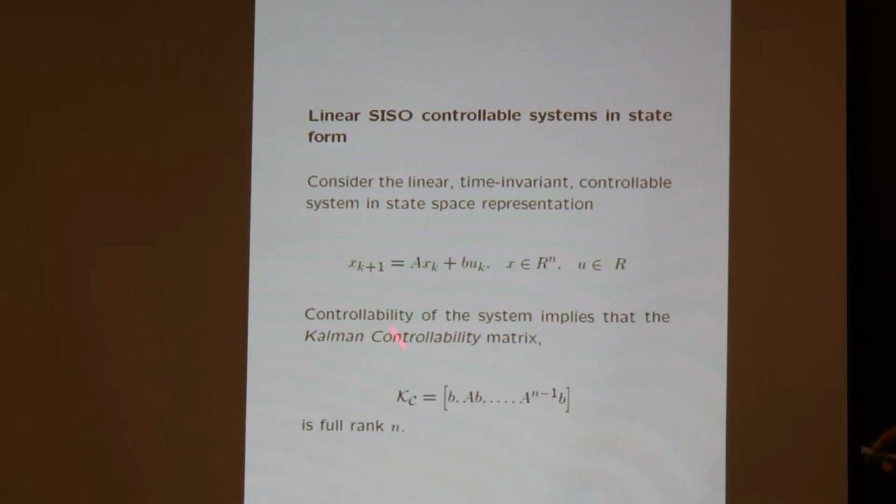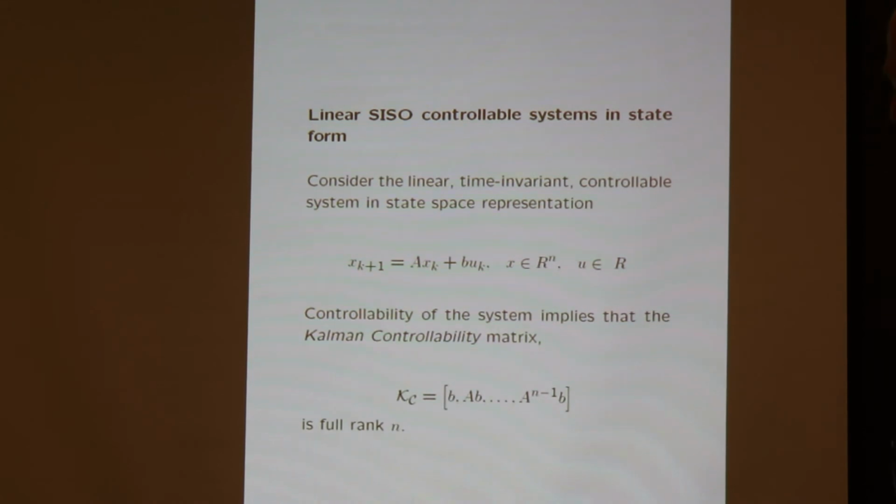The way to build that matrix is to take the vector B and the matrix A and form this composite array of vectors B, AB, A squared B, and so on, up to A to the n-1 B. So this is the Kalman controllability matrix. If the rank of this is full, then we say that the system is flat.